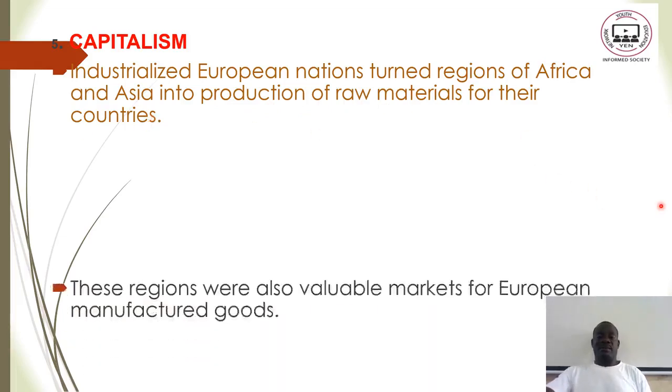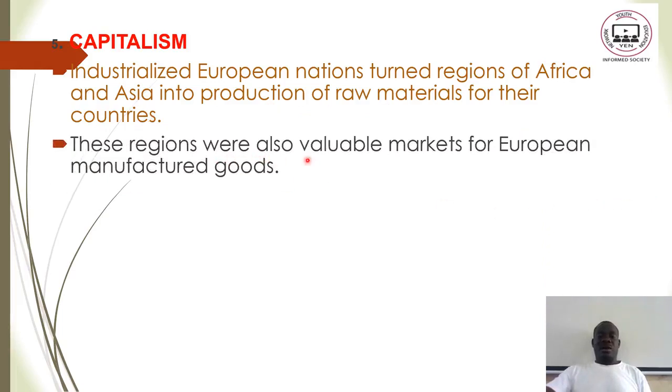These regions were also valuable markets for the goods they manufactured. After producing in their industries, they sold their goods in those areas in Africa as well as in Asia, territories which they declared to be theirs.